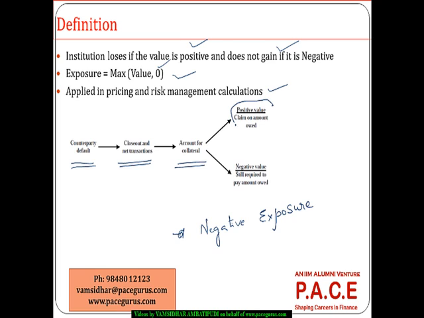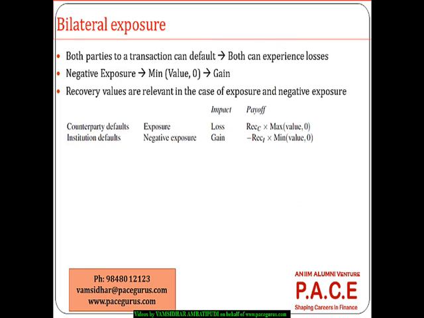Look at the net. If it is a positive value, I have a claim on the amount that the counterparty owed to me. But if the net is coming out to be negative, I'm still required to pay something to my counterparty. So there is really no benefit for me if the counterparty has defaulted.